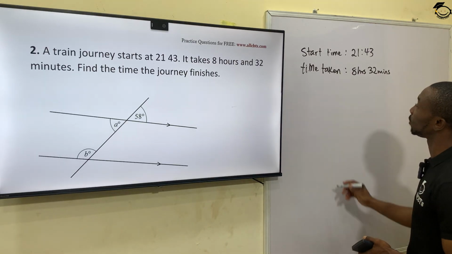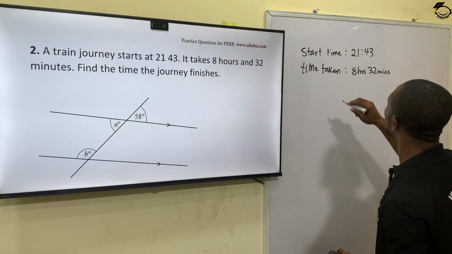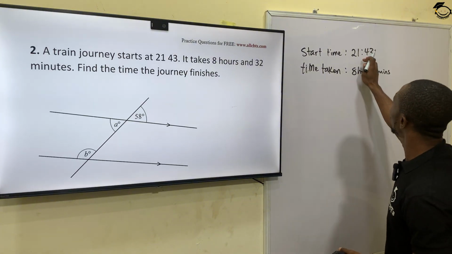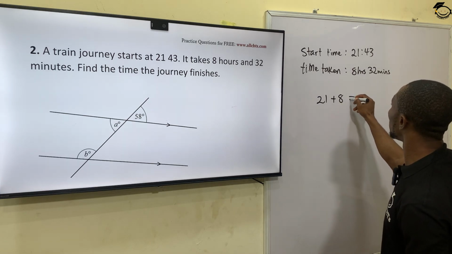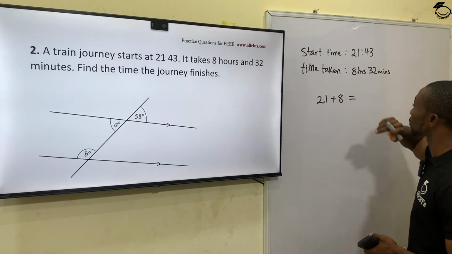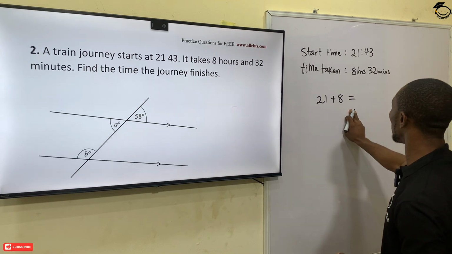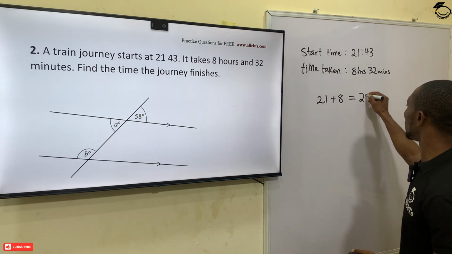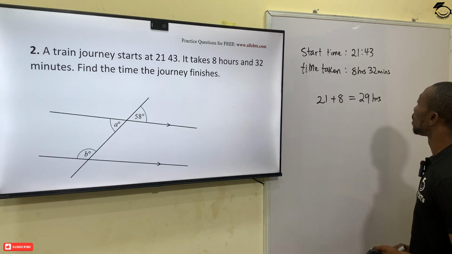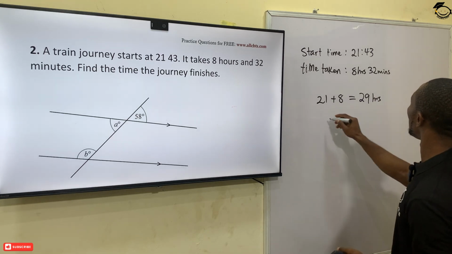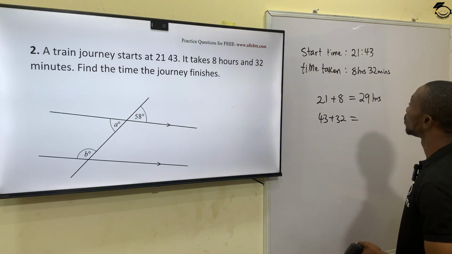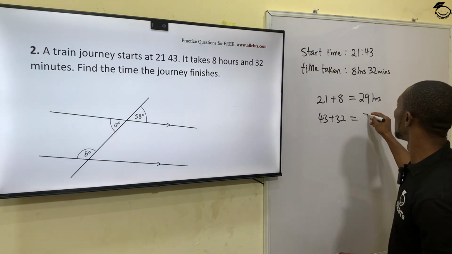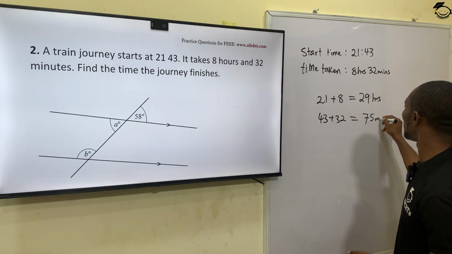Now to find the time the journey ends, 21 plus 8, since both are in hours, would give us 29 hours. And 43 plus 32 in minutes would give us 75 minutes.